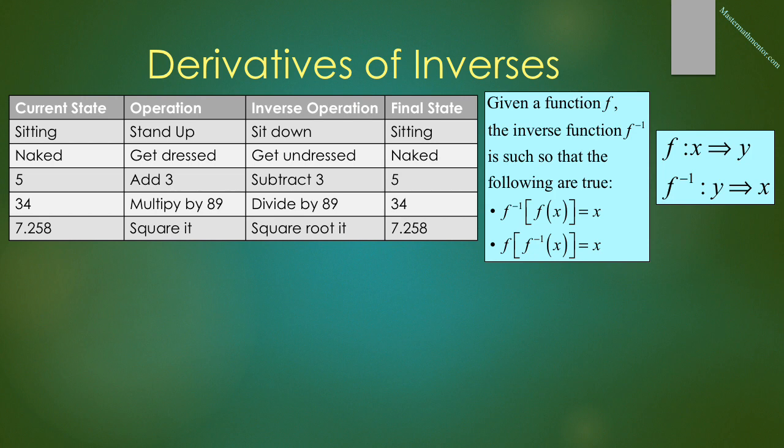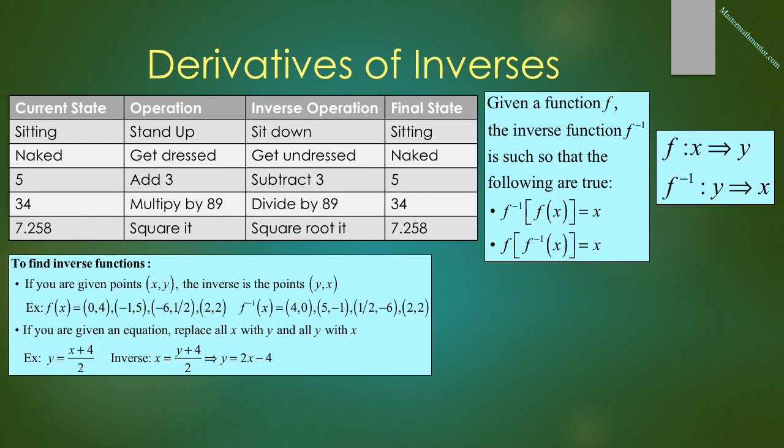Stated another way, if we have the function f, it will take any x to y. If we have the inverse function f inverse, it will take all the y's back to x. Here's how to find inverse functions.